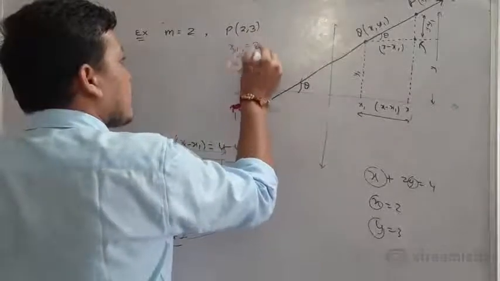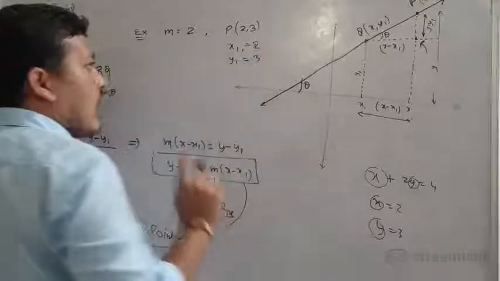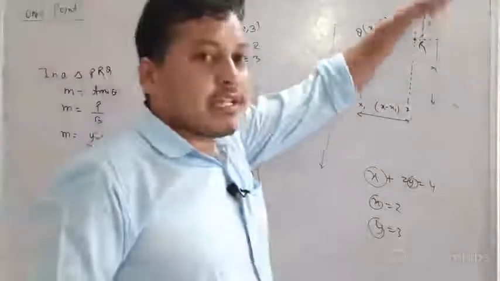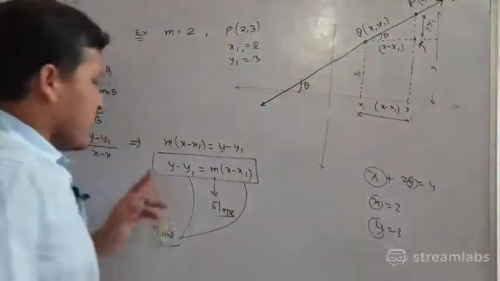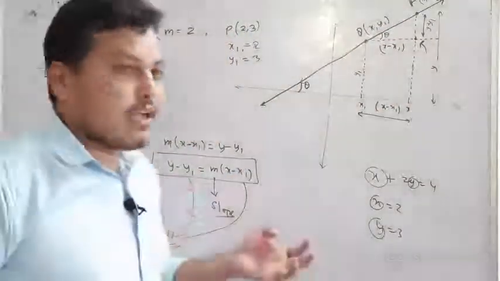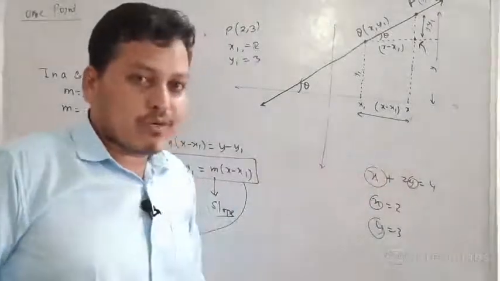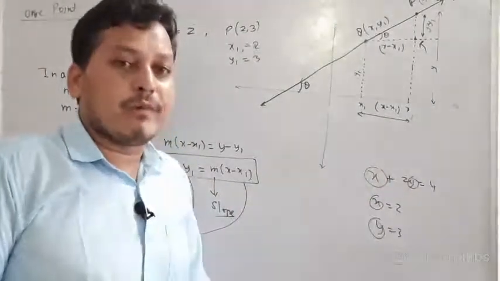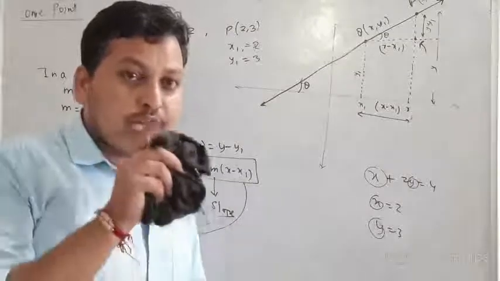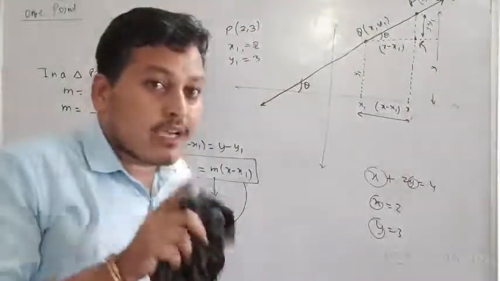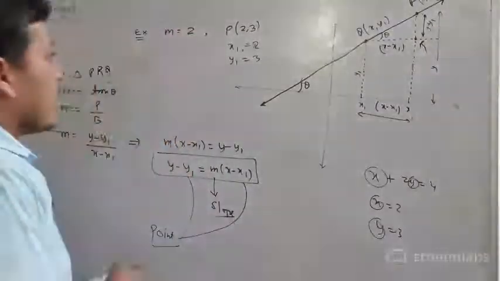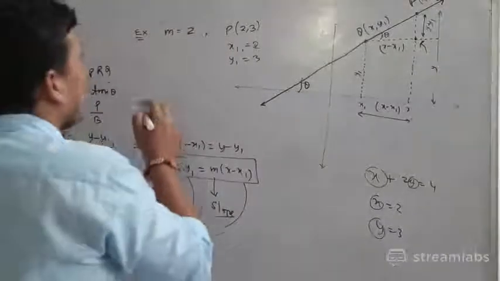And listen, x and y will remain the same in the equation. If you put the value of x and y, then you will not get the accurate equation. The equation will be in the form of x1 and y1. So remember, x and y will remain the same, the value of x1 and y1 will be changed. The value of x1 and y1 will be given in our question.